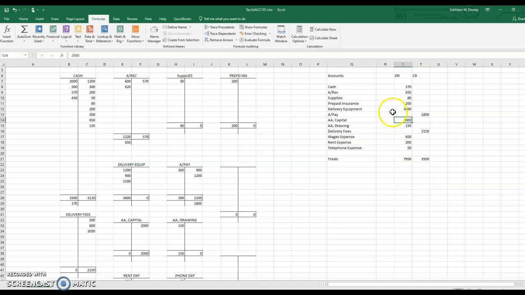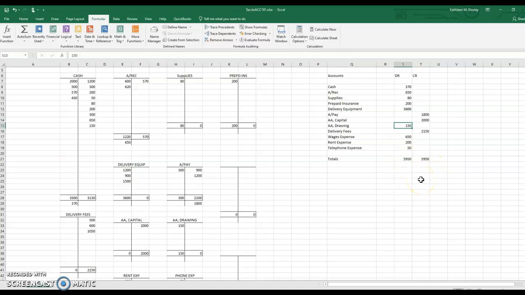So now I have more easily found which one. I didn't have to go through all of these to try to find it. Okay, so let me put that back there. Now we're back to even.